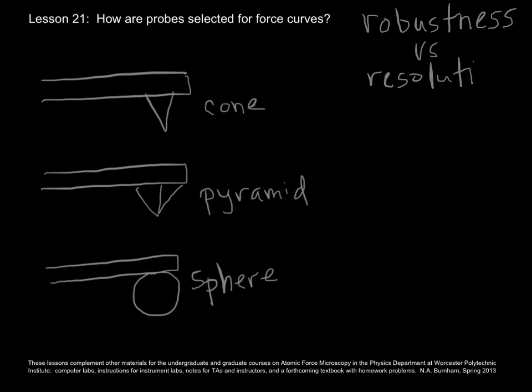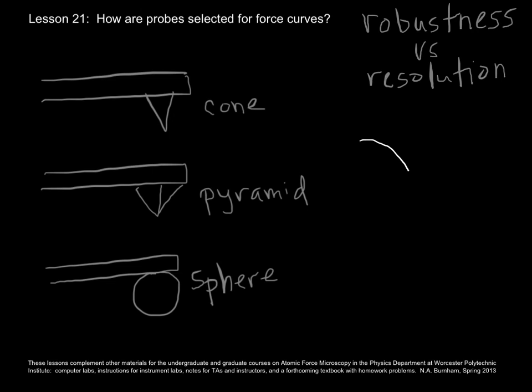The fatter the tip, the more it will last, but the worse resolution it will have, be it for imaging or for force curve measurements. There is progress recently on coating tips with diamond films, but of course those are more expensive.